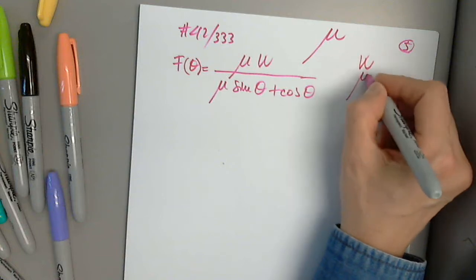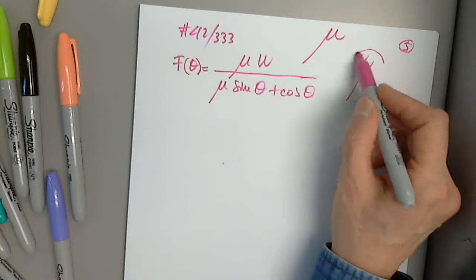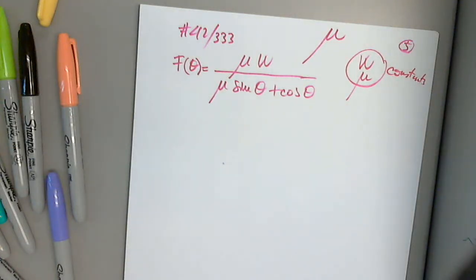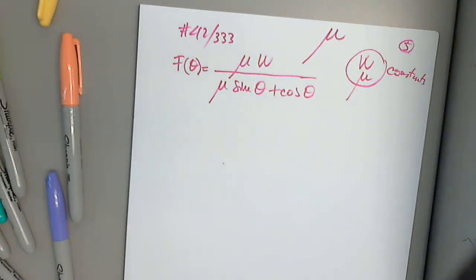So W, mu are constants. W is the weight. Mu is a constant of friction. So theta is the only variable in the problem. Is that okay? Perfect.